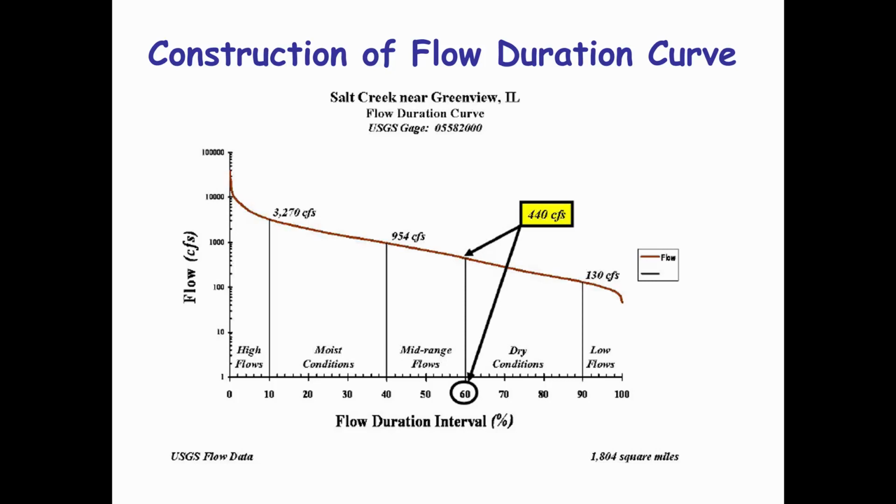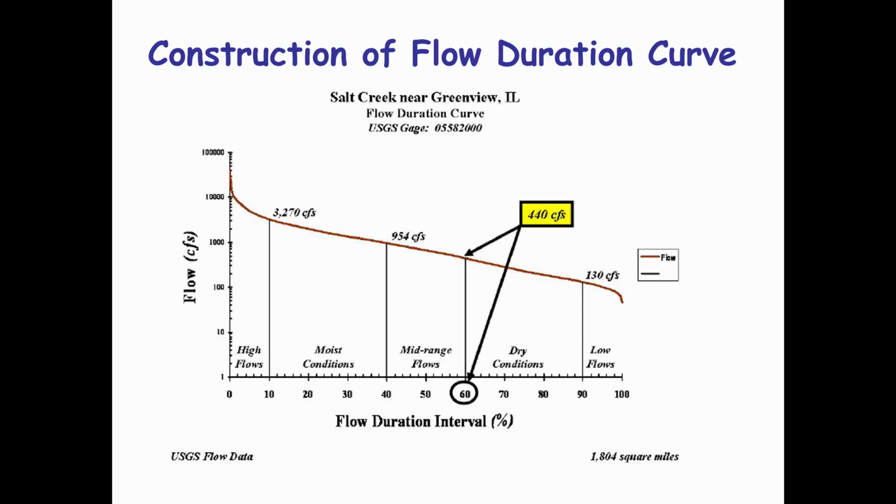The highlighted number, the discharge of 440 cubic feet per second, is interpreted for this graph as follows: 60% of the time, the discharge in any given day in that watershed will exceed 440 cubic feet per second.